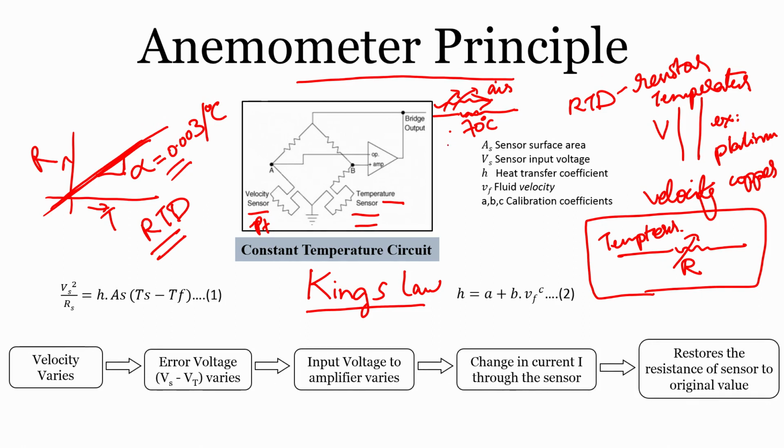The convective heat transfer from the heater to the air or the medium, because of the fluid flowing above it, tends to decrease the temperature. That is, it drops from 70 to say 60.